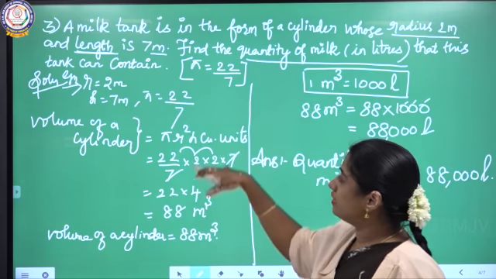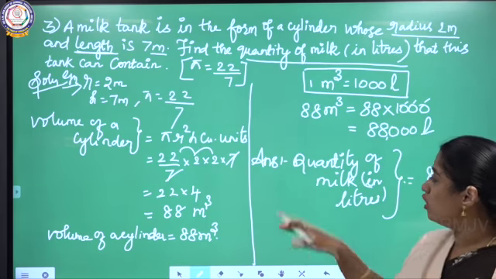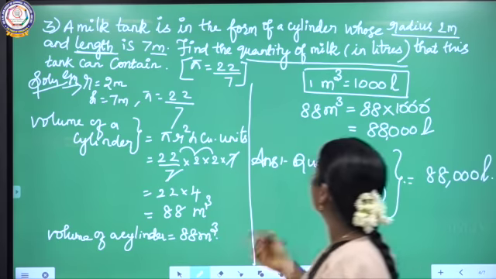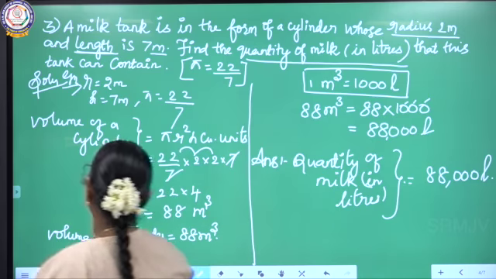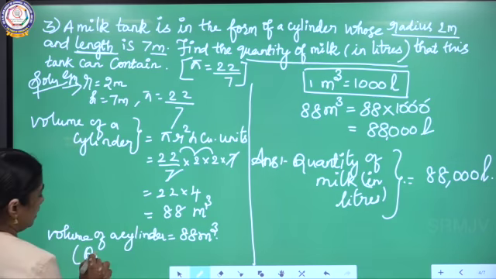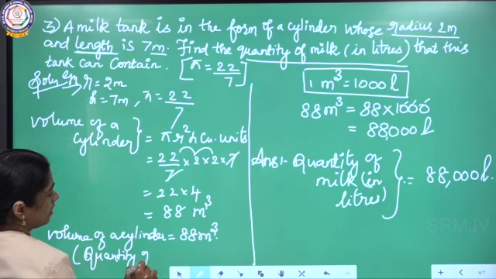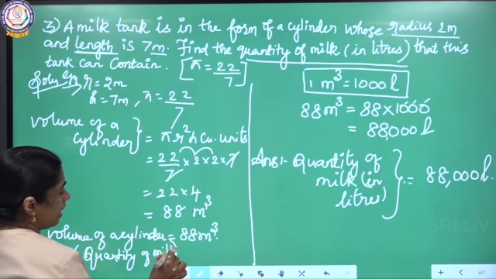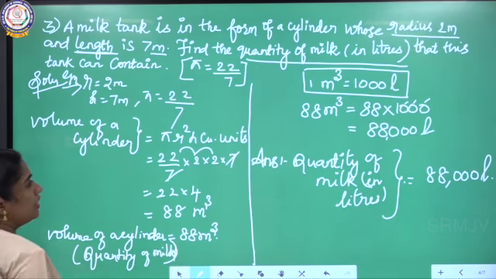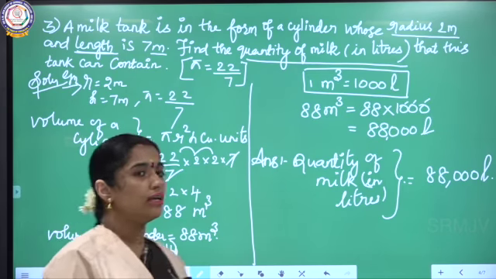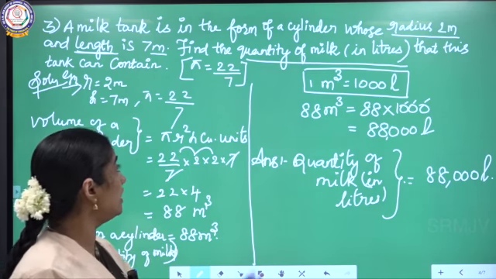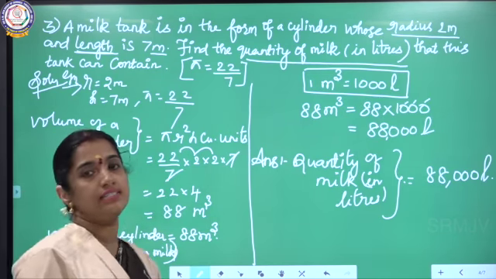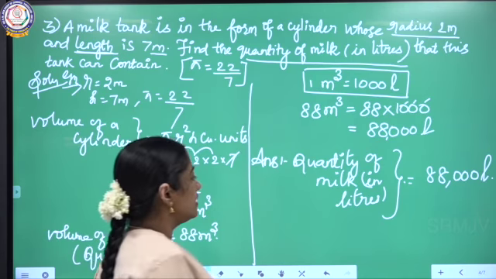First I am substituting the volume of a cylinder. This volume of a cylinder is the quantity of milk. And in the second step, I am going to change this quantity of milk which is in meter cube into liters. Can you clear this?